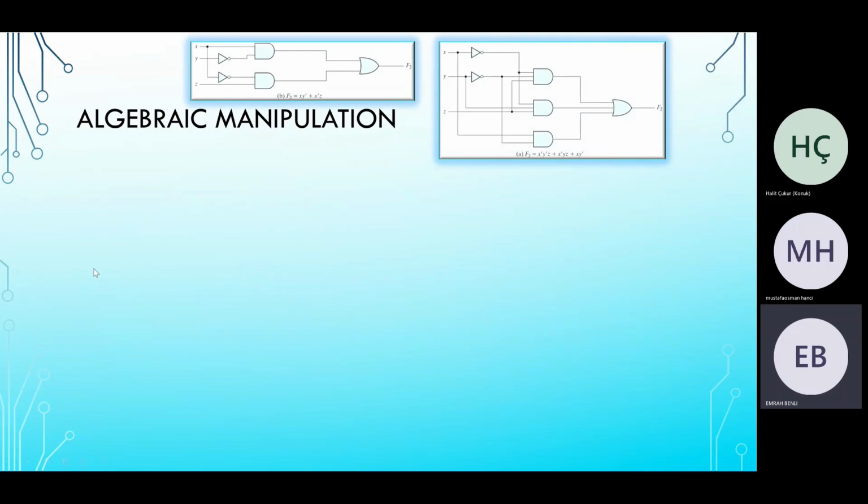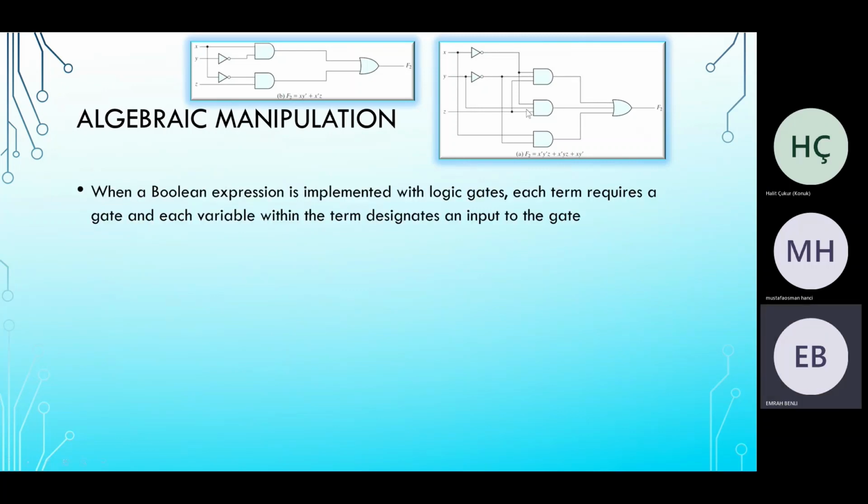And algebraic manipulation, I'm going to try everything. So we are trying to go from this one to this one. Each term here in the Boolean expression requires a gate, and each variable within the term is an input.